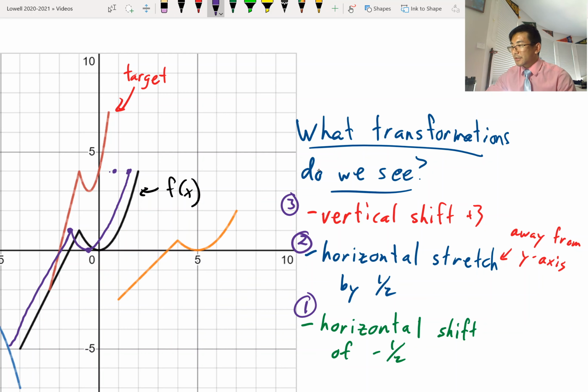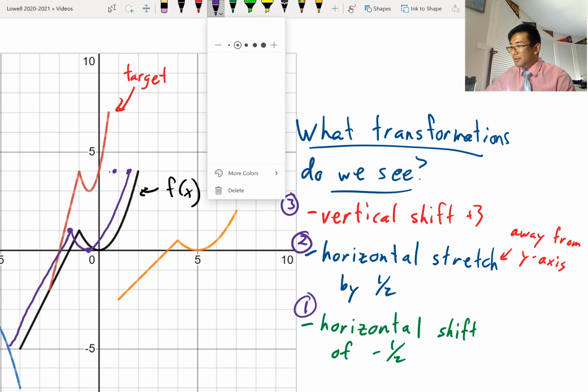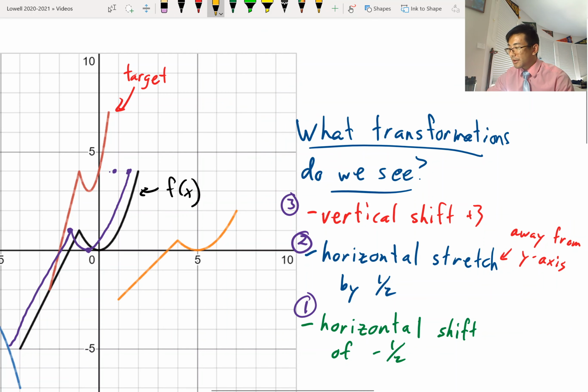The vertex of this, so let's do this next step in yellow here, right there. The vertex of the parabola, since it was at -1/2, now it's going to be at -1/4, actually. So it's going to be right there.